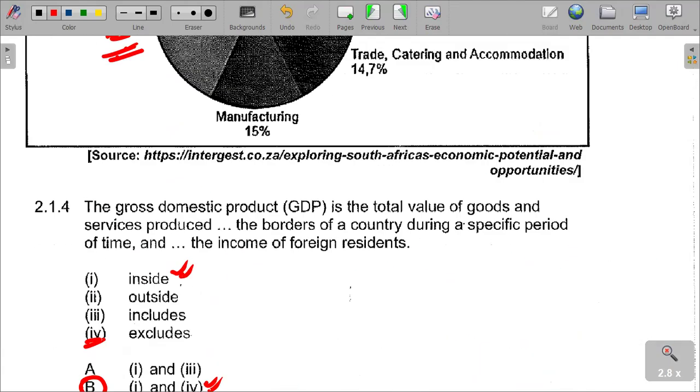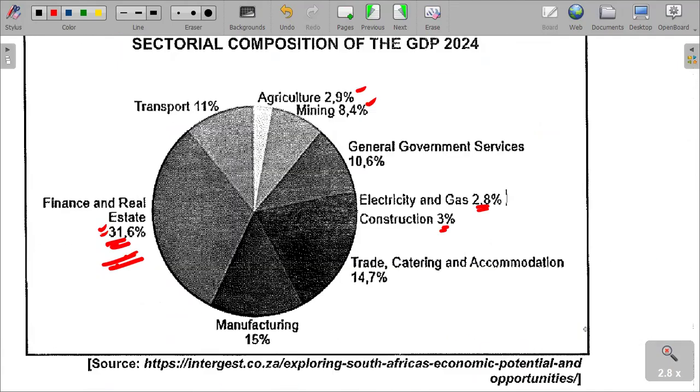You classify: when you look at this, agriculture is primary sector. Government services, electricity and gas, let's say construction, are primary sector. Trade, catering, and accommodation is tertiary sector. Manufacturing is tertiary sector.